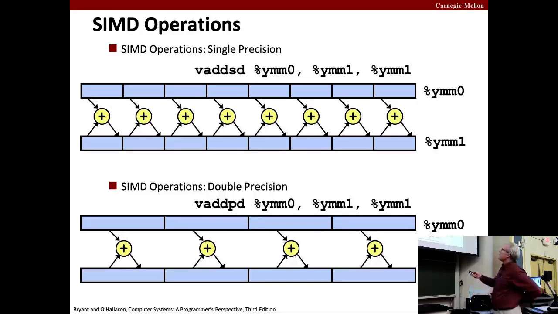But there's also instructions called vector addition, where one instruction has the effect of doing 8 floating point additions at once on float data. And on double precision, its counterpart does 4 of them at once. And that hardware is there.